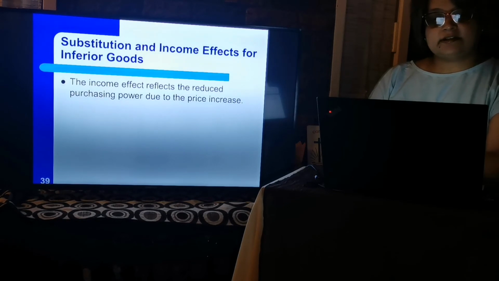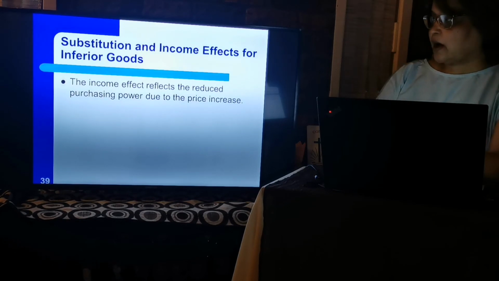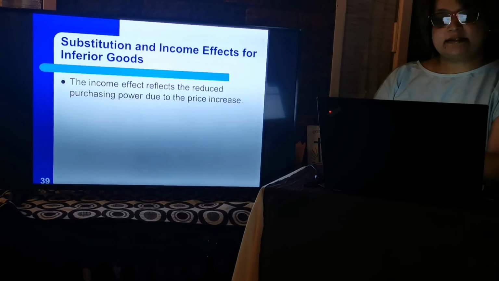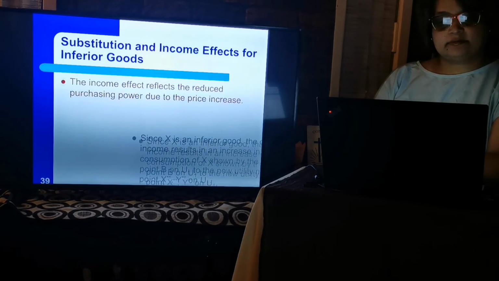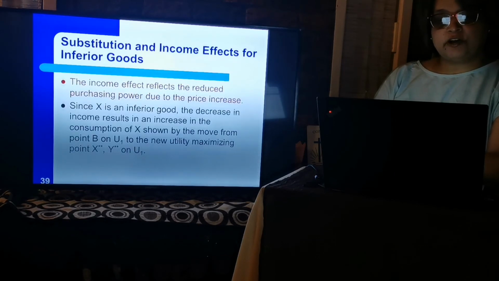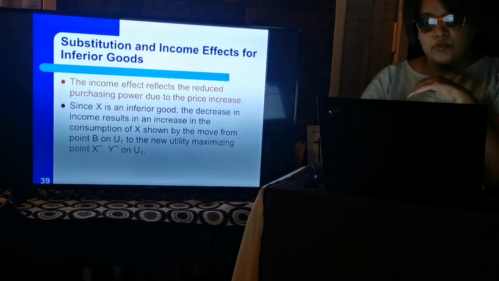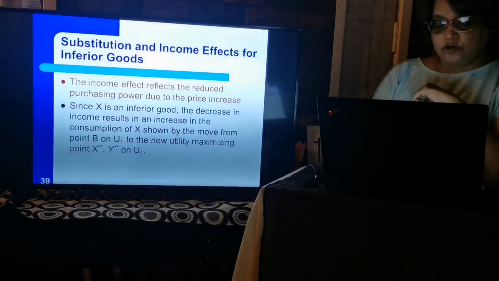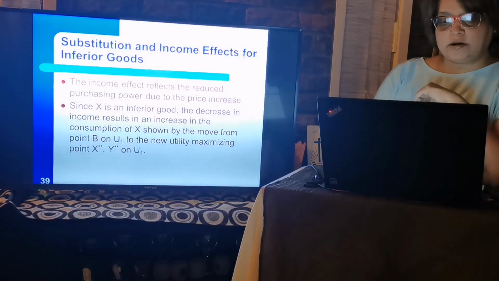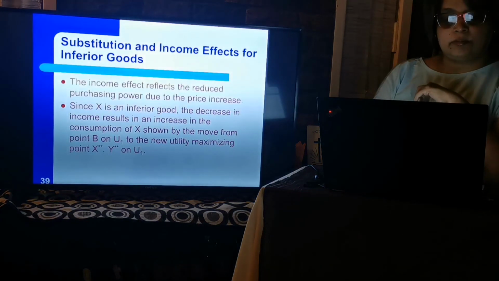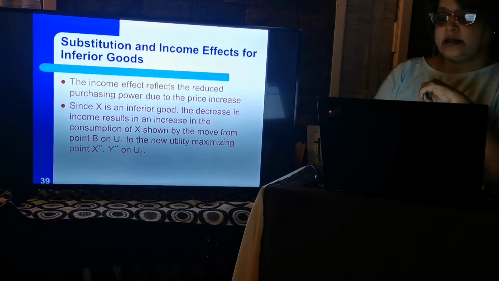The income effect reflects the reduced purchasing power due to the price increase. Since X is an inferior good, the decrease in income results in an increase in the consumption of X, shown by the move from point B on your indifference curve 1 to the new utility maximum Y2 and X2 on the indifference curve.